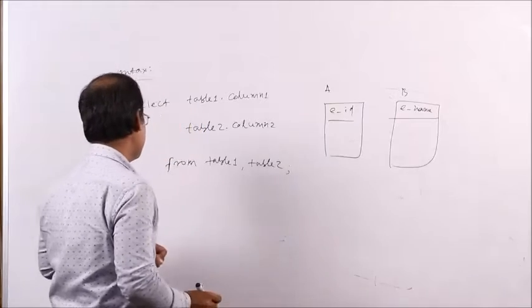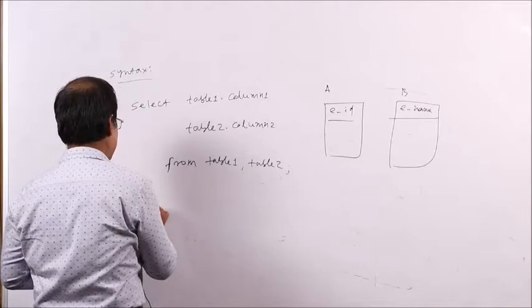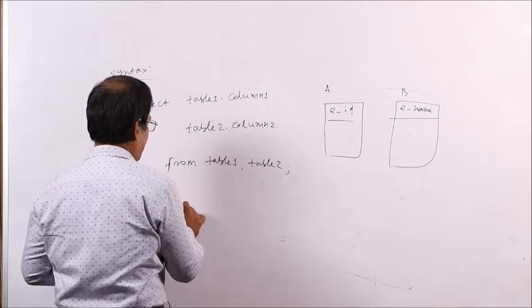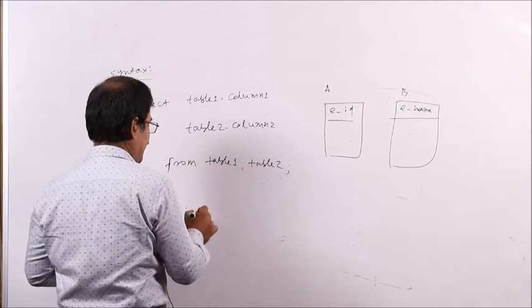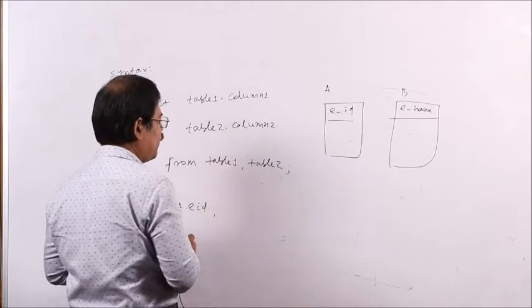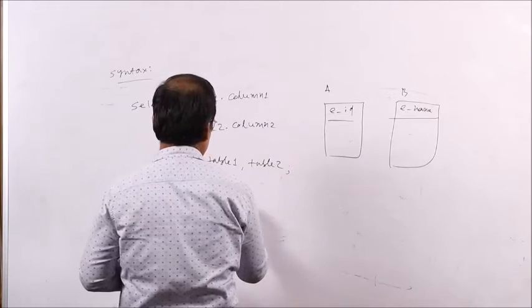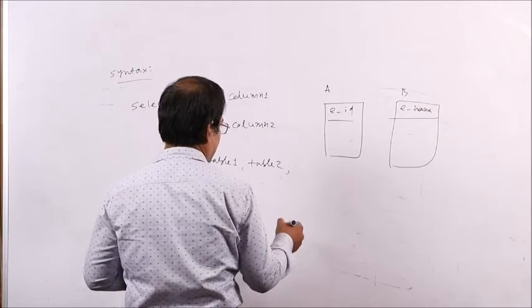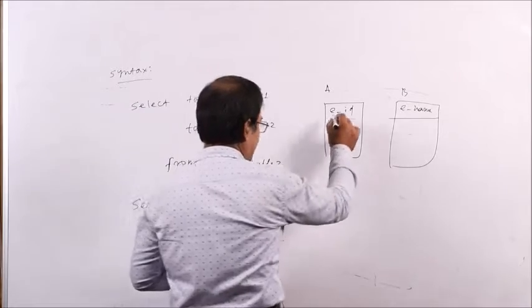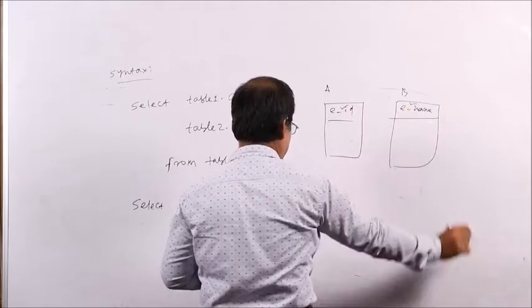So, that means this is the general syntax. You write like this: select table 1 is your A dot your field name is what, EID, comma table 2 is your B dot your ename, because my requirement is this field and this field.